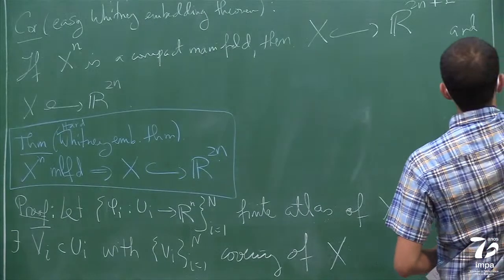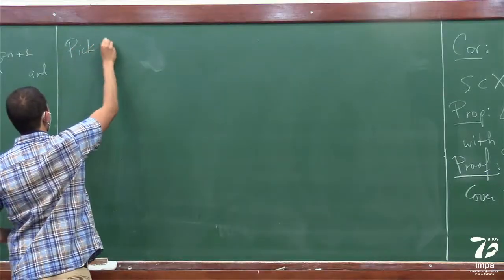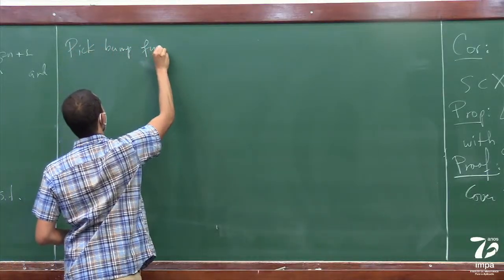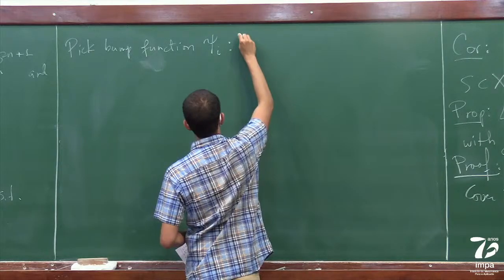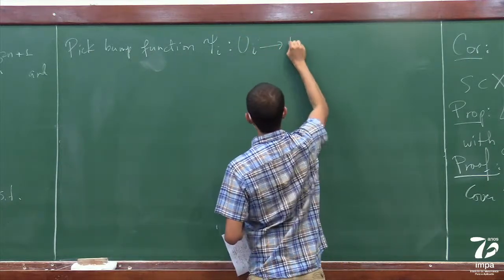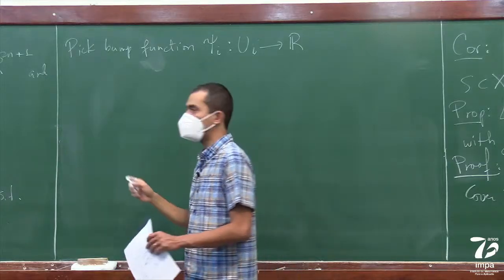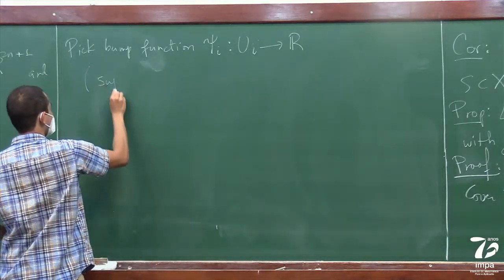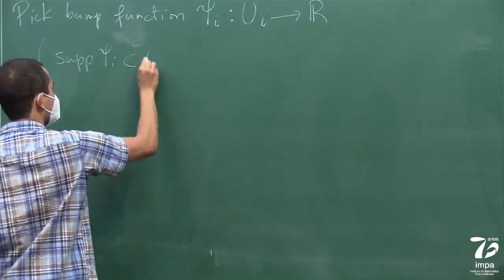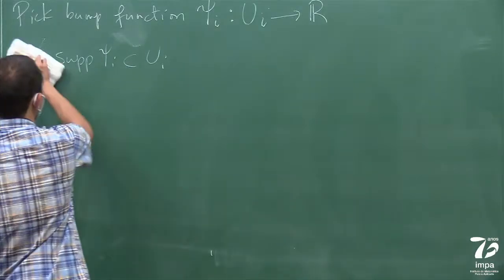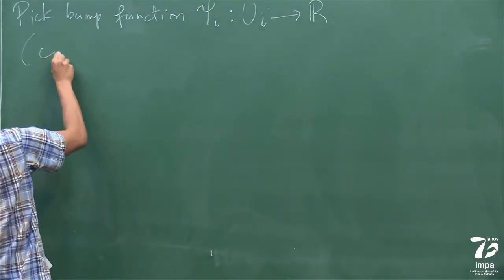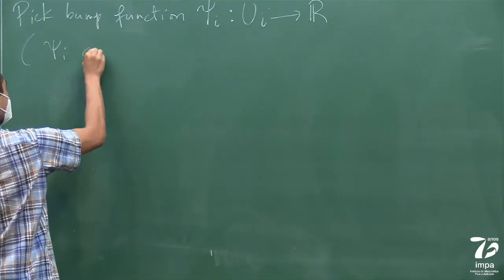Now we pick bump functions psi_i from U_i to R. A bump function is a function whose support is contained in U_i and which is 0 outside of a compact set, so it has compact support.